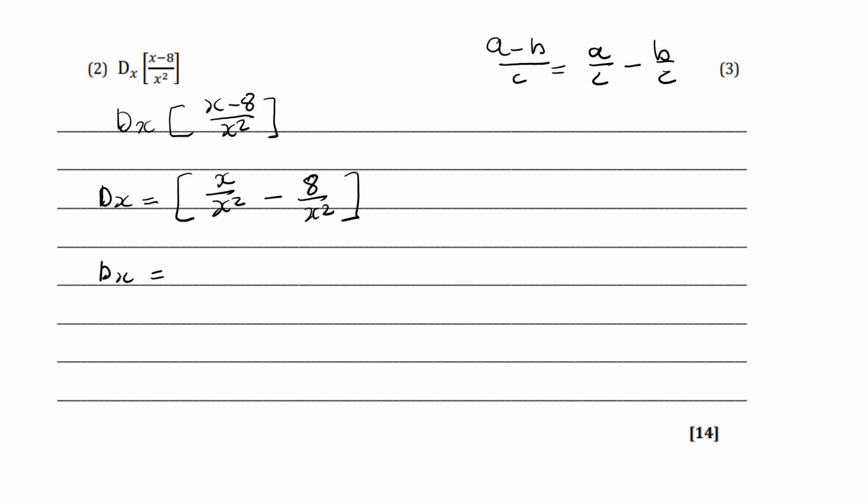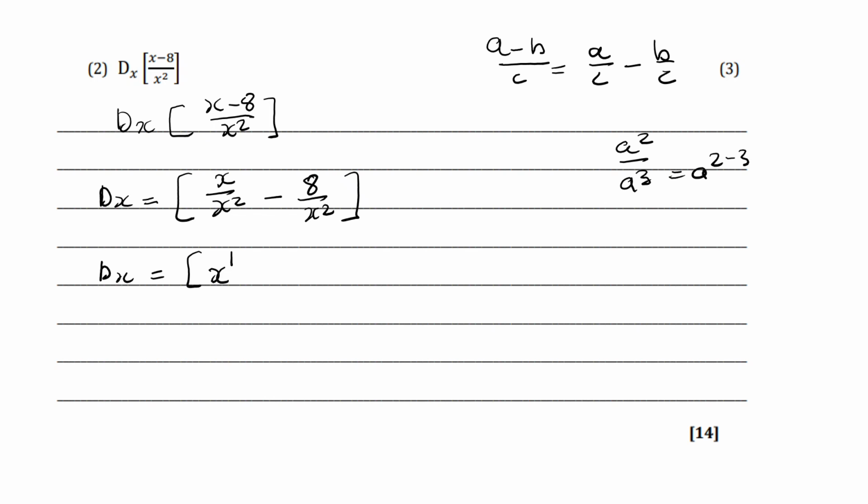Here, we can apply the law for dividing the same base. If I have a squared over a cubed, the bases are the same, so what do we do to the exponent? We subtract the exponents. This will be a to the power 2 minus 3. That's the law I'm going to work out.